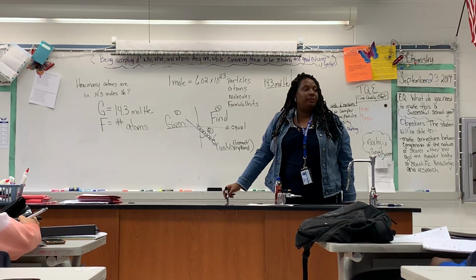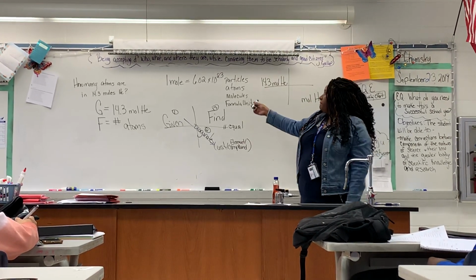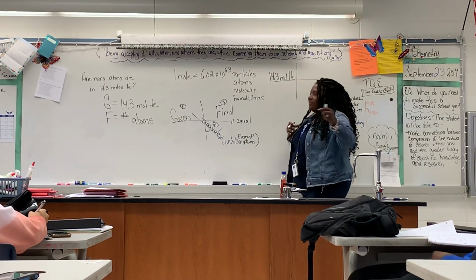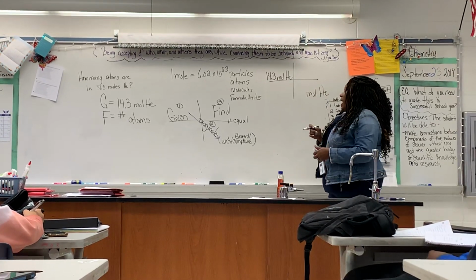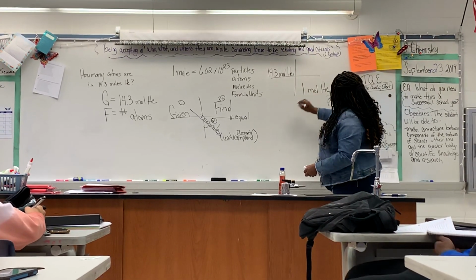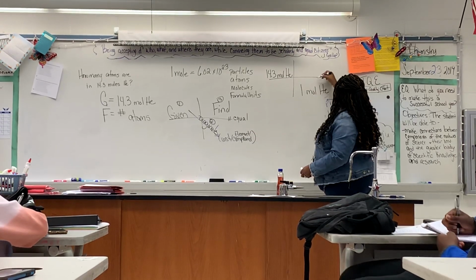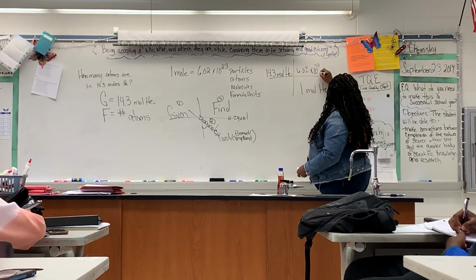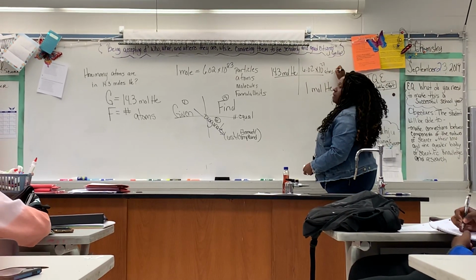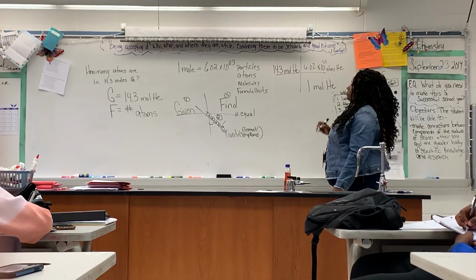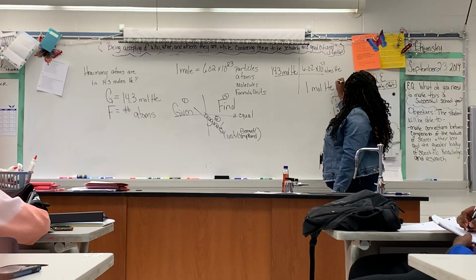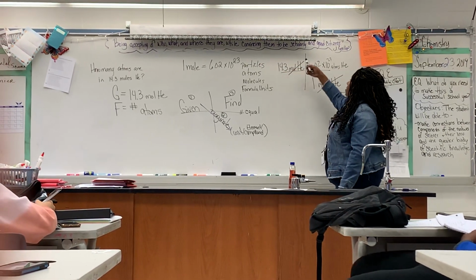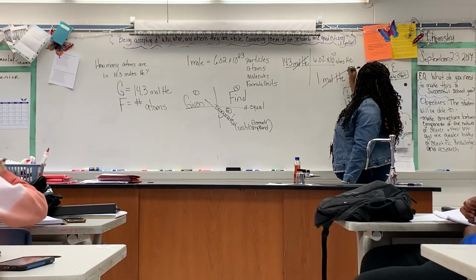I know that one mole equals 6.02 times 10 to the 23rd atoms. So 1 mole, remember these two have to be equal, equals 6.02 times 10 to the 23rd atoms of helium. These get crossed out. Now, you multiply the top and divide by the bottom.